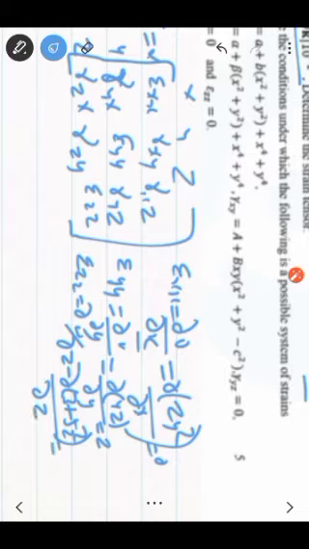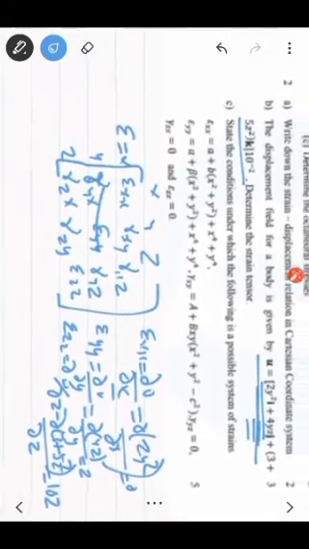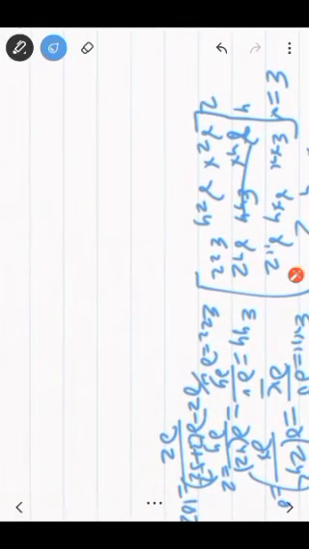This is equal to 3 is 0, 2z, so 5 times 2, 10z is the value. So you have three values. These three values you have to determine.